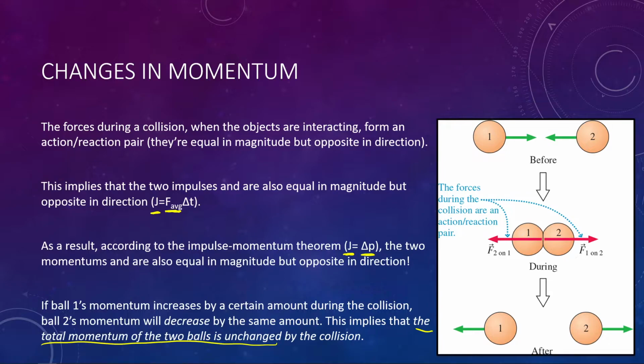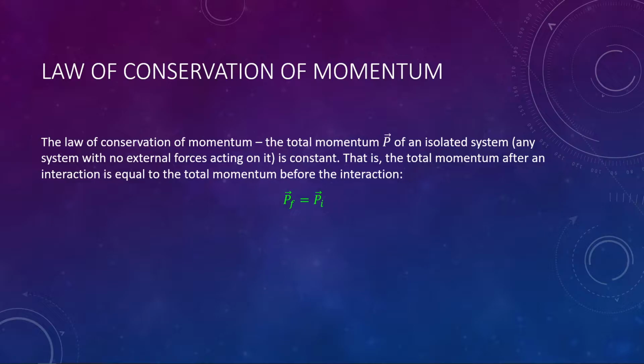So this brings us to the law of conservation of momentum. The law of conservation of momentum states that the total momentum, P, of an isolated system. So we do want to make a distinction here. Isolated systems are those with no external forces acting on them, meaning there's nothing outside from the environment changing what's happening.